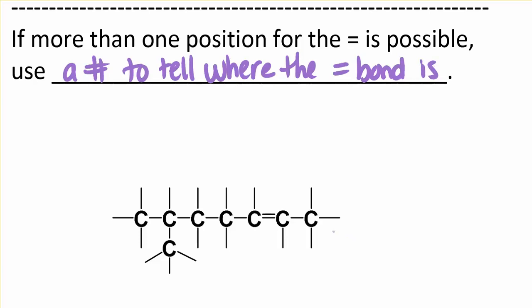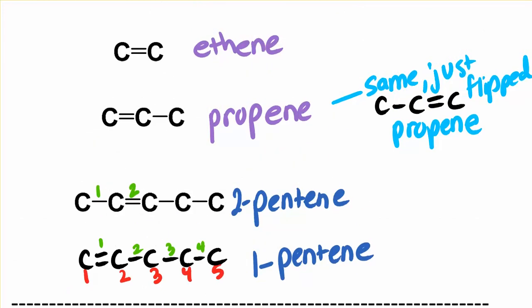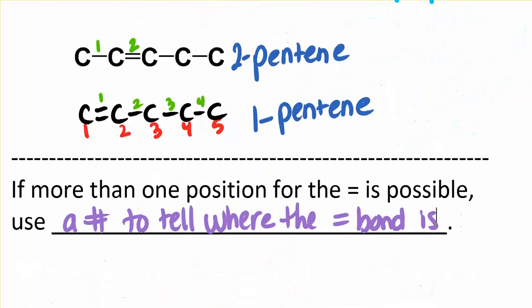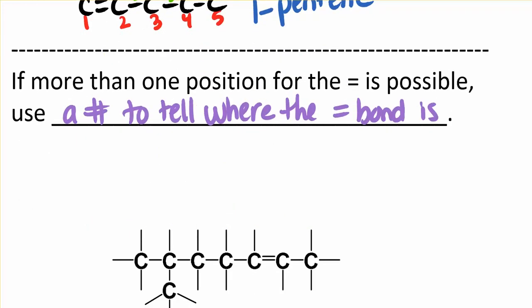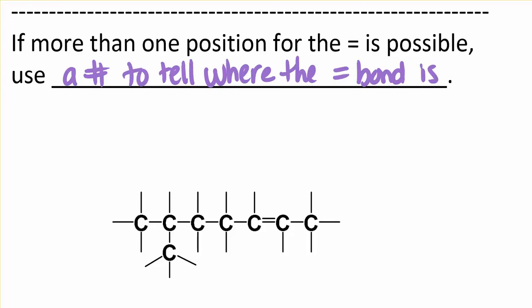If they're larger, then there's going to be more than one place to have the double bond that matters. So if they're larger, you have to use a number to tell where the double bond is.